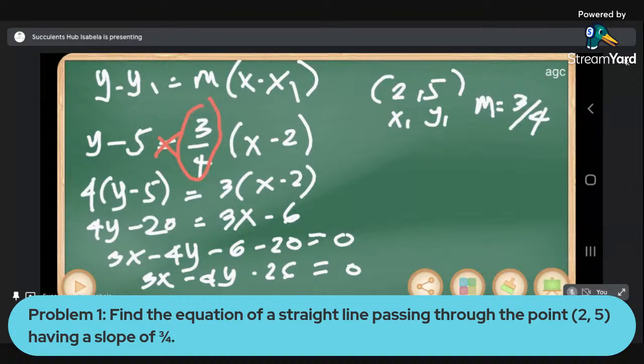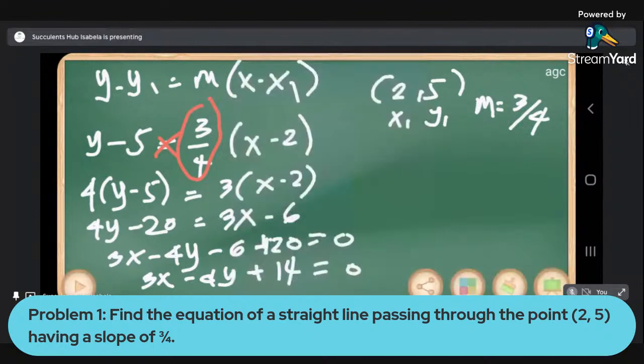Okay, nakuha nyo ba, guys? Sorry. Tama. Plus 20 pala to. So this should be plus 20 kasi nilipat natin. So this will be plus 14. Okay? Yung negative 20 nilipat natin sa kabila.